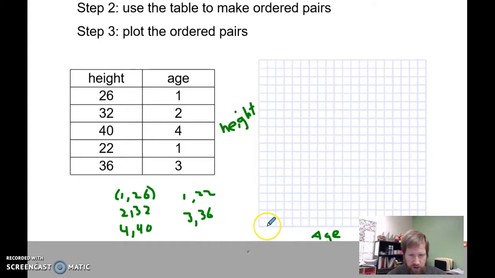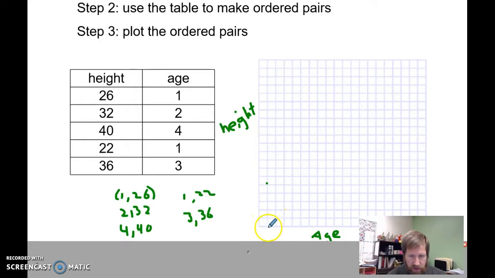Let's see, 1 and then 26. Maybe I'll go by 2s: 2, 4, 6, ... 10, 26. Probably not going to have enough room, so maybe I'll go by 5s: 1, 2, 3, 4, 5.